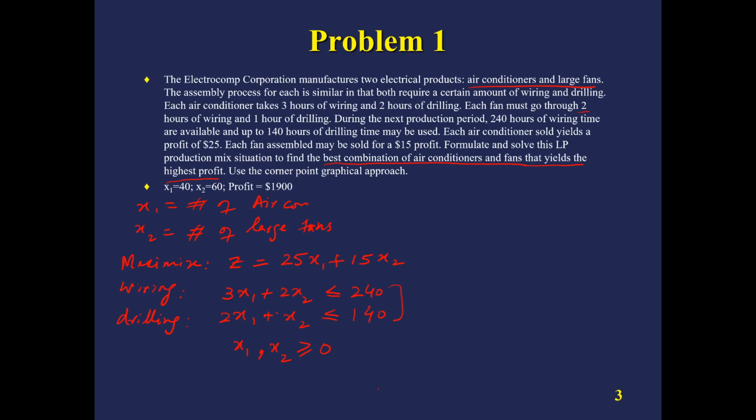This is what we are expecting if we graph these constraints, find the corner points, and work out the profit at each corner point. The maximum profit yield will be $1,900, and the number of air cons to make is 40, and the number of fans to make is 60.